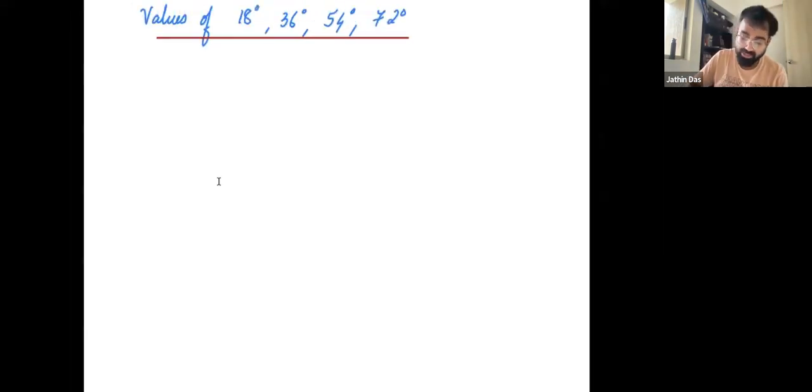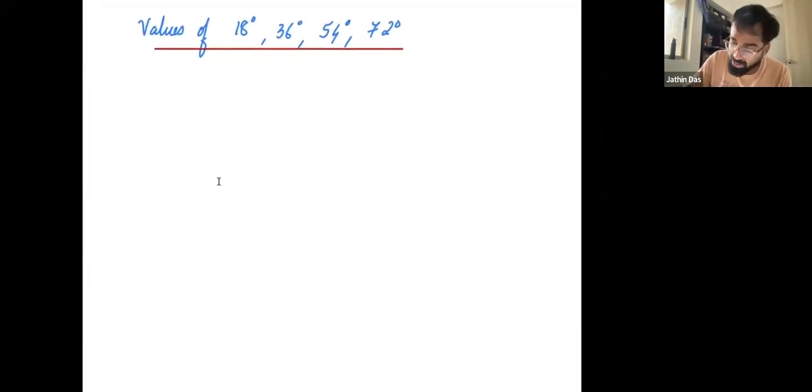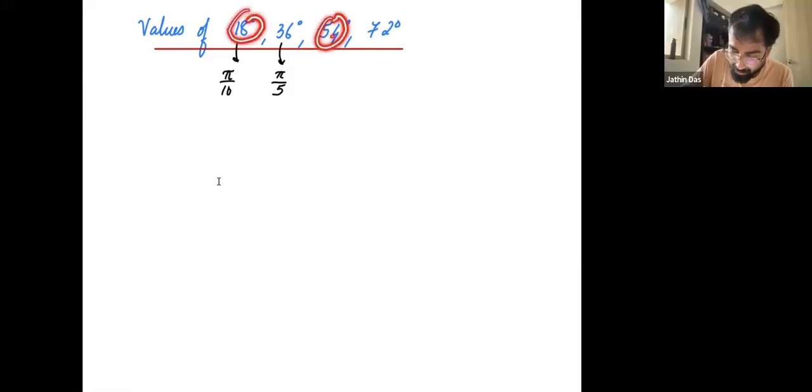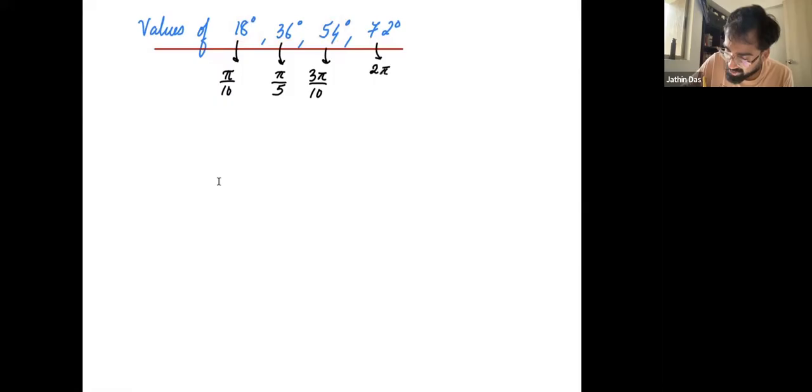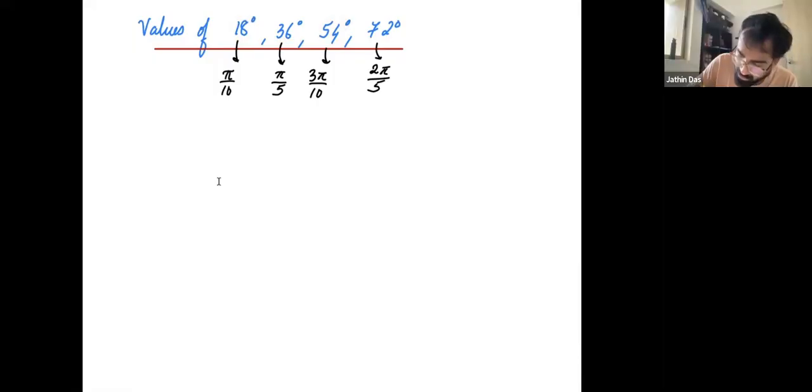In radians, pi by 10 will come. Its double is pi by 5. This 54 is its triple, so 3 pi by 10. 72 is the double of 36, so 2 pi by 5. Clear? Now I want to find the value of sine 18.